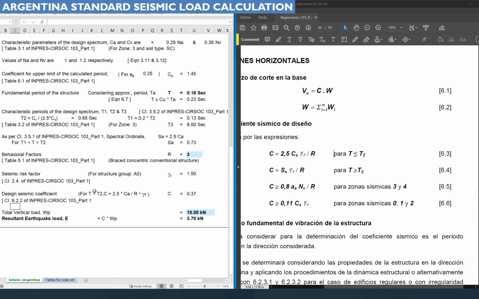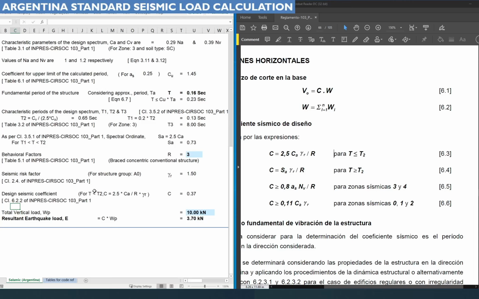So there are various cases. If the fundamental period of the structure T is less than or equal to T2, then we need to consider C equal to 2.5 into CA gamma R divided by R. If the fundamental period T is greater than or equal to T2, then we need to consider C equal to SA gamma R divided by R. Likewise, there are four equations.